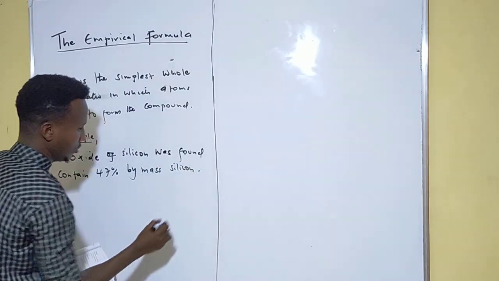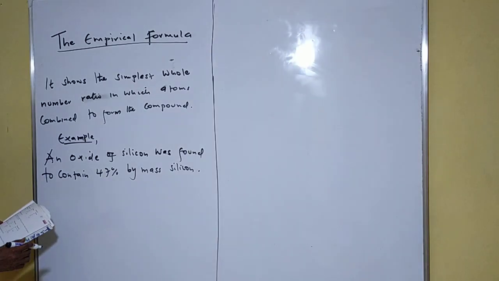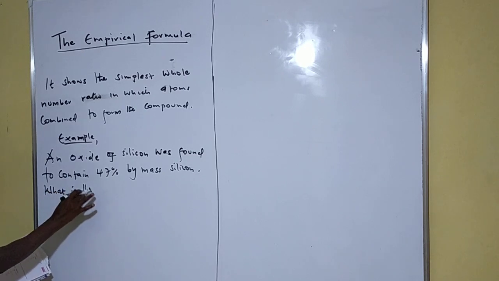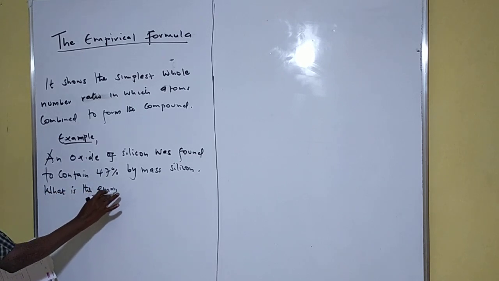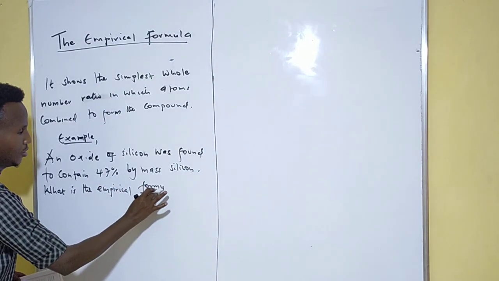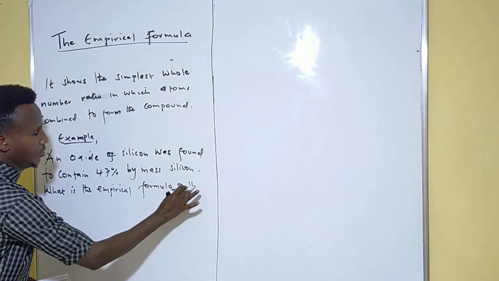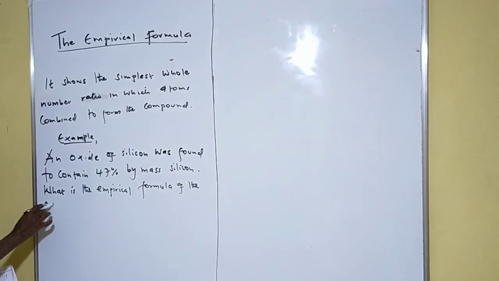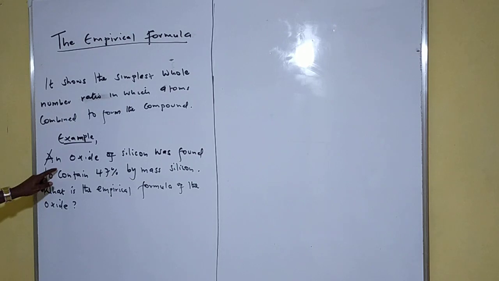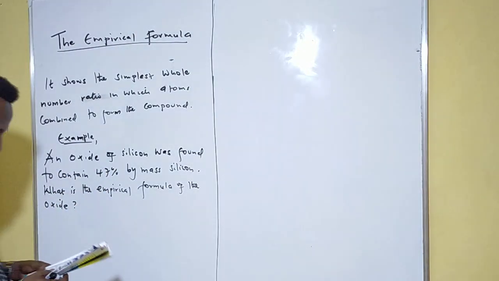What is the empirical formula of the oxide? Now you are told an oxide of silicon, that is silicon dioxide, or silicon oxide.